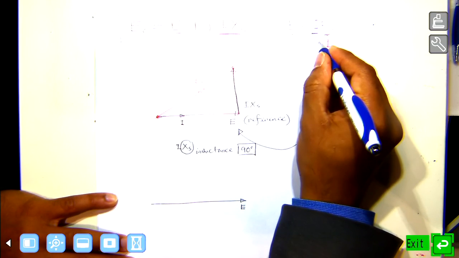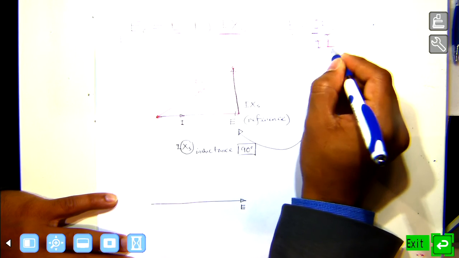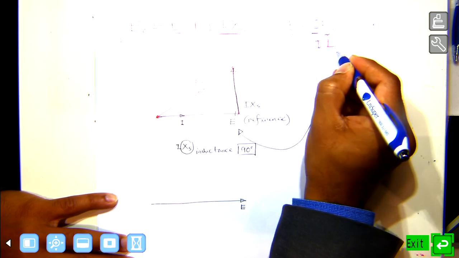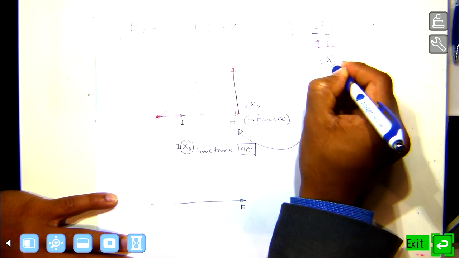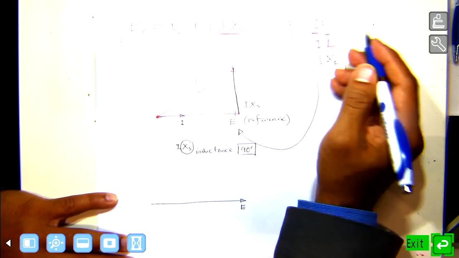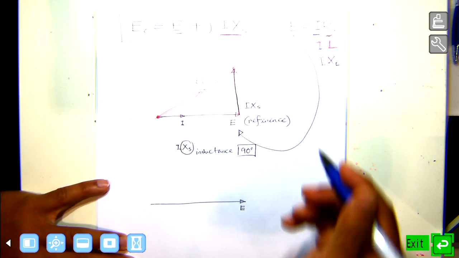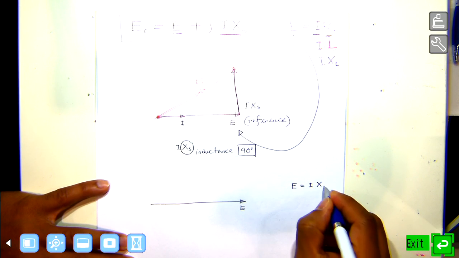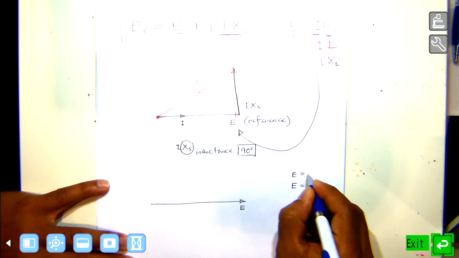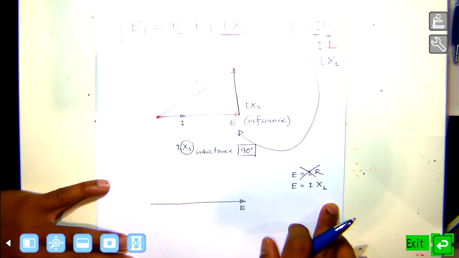Now I have I, and when that is inductance, we say it is actually IXL, the impedance of that. XL instead of R. If you have pure inductance, what will happen? So if I have E and I have an inductor, it is not IR anymore, it is IXL, inductive reactance.